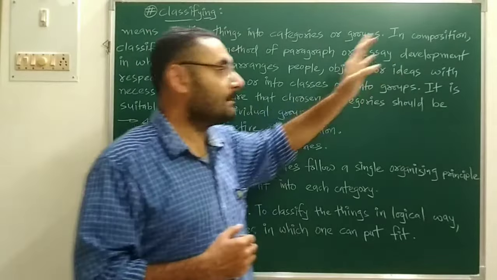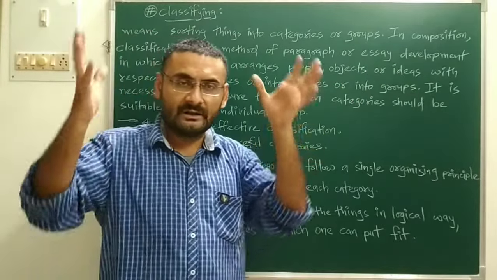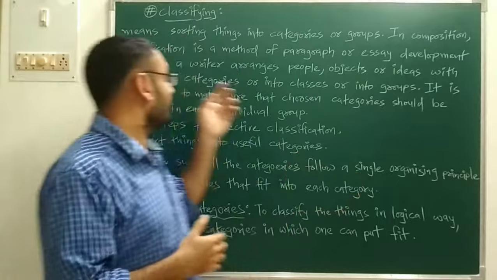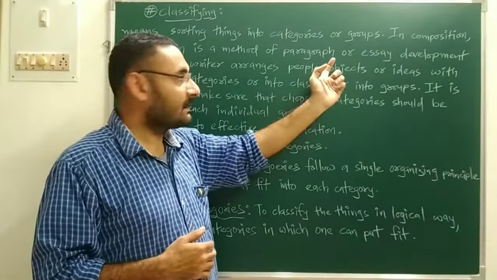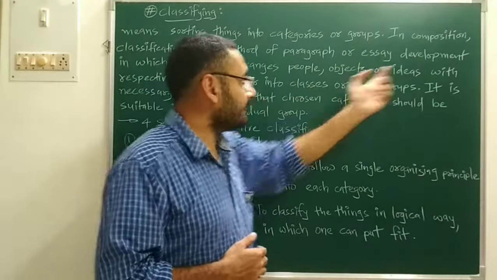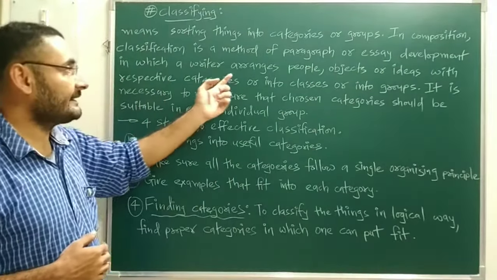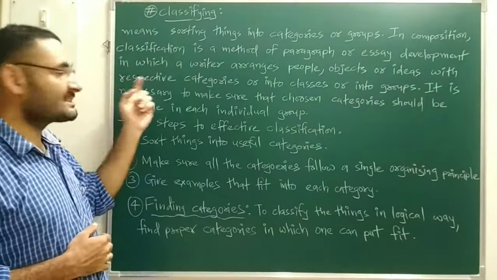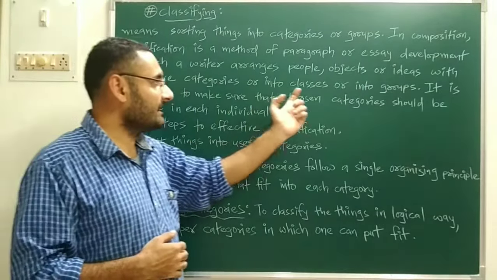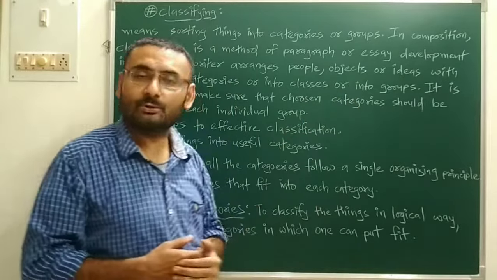Next is composition. In composition, classification is a method of paragraph or essay development in which a writer arranges people, objects or ideas into categories, classes or groups.